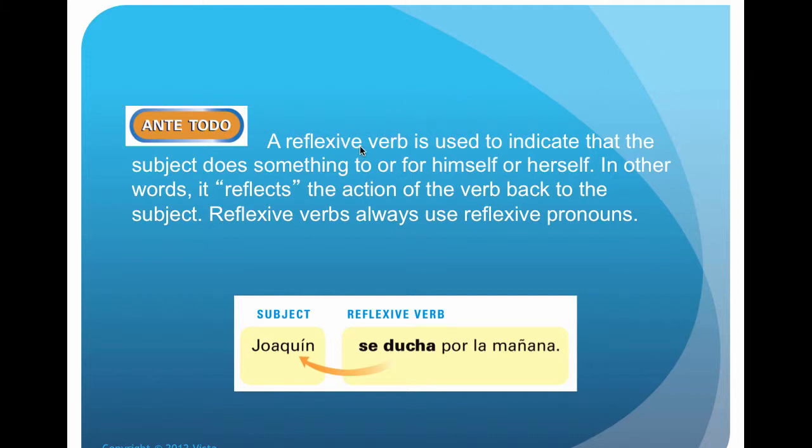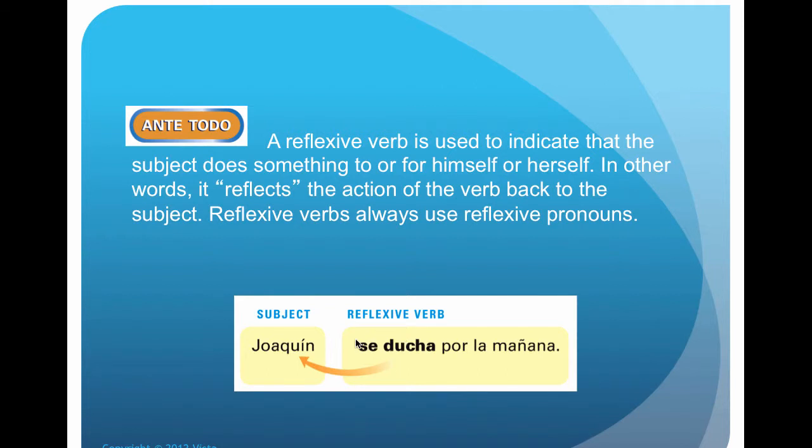Okay, so let's look here. A reflexive verb is used to indicate that the subject does something to or for himself or herself. In other words, it reflects the action of the verb back to the subject. Reflexive verbs always use reflexive pronouns. Okay, so for example here, Joaquín se ducha por la mañana.